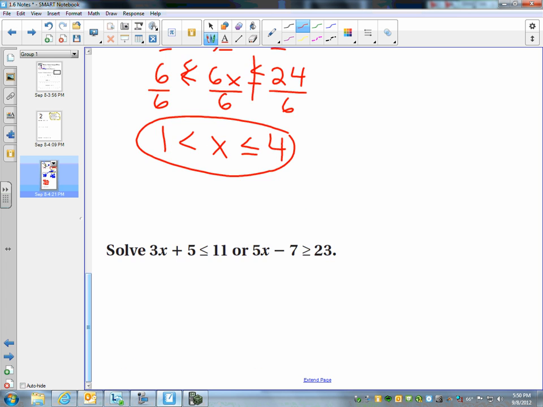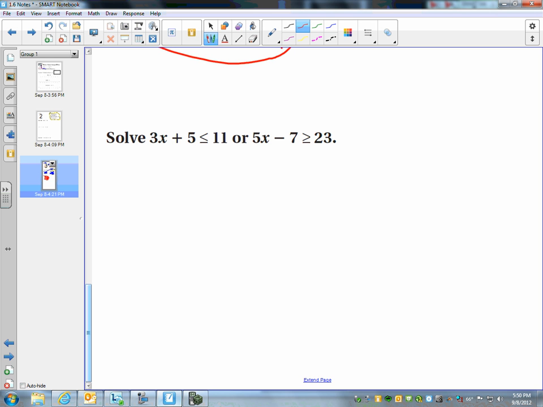And the last type of problem, the OR, splits this up. So we'll solve the left side, and then we'll solve the right side, and then that's our final answer combined. We'll combine them at the very end, into one sentence like this one. So we solve the left side. 3x is less than or equal to 6. We subtract the 5.